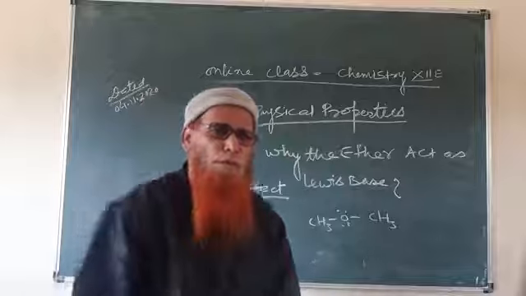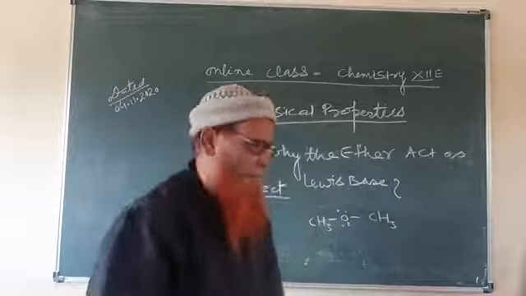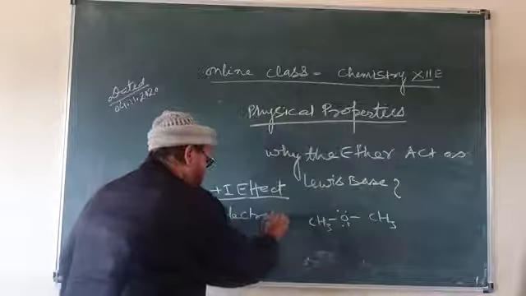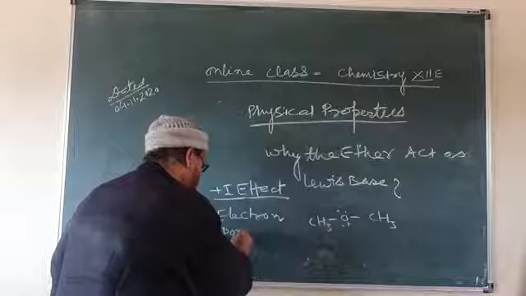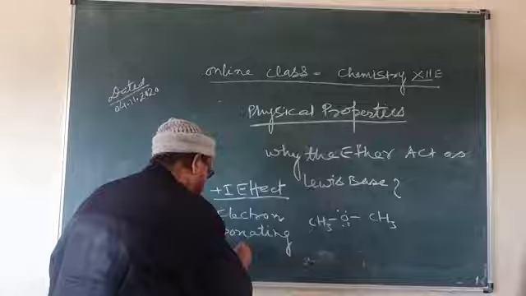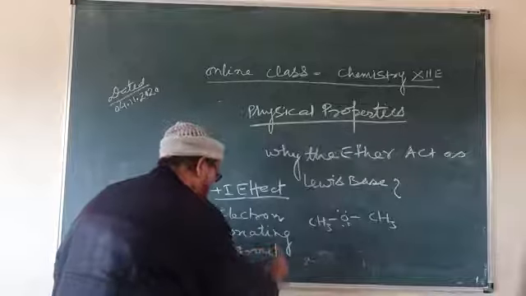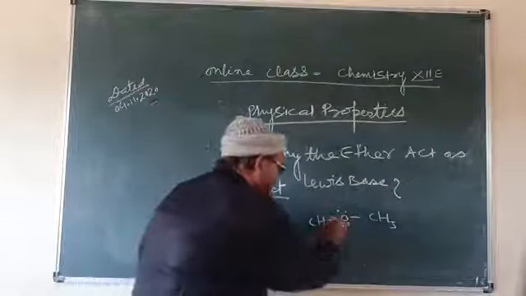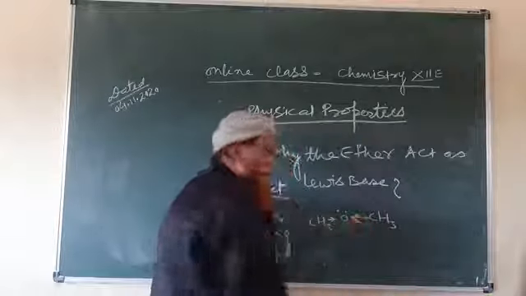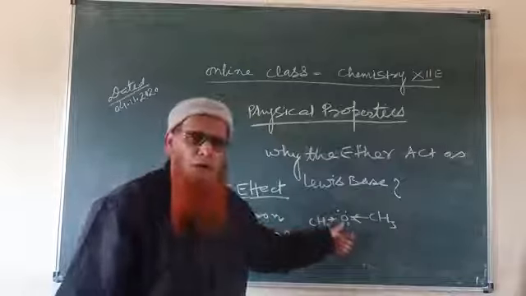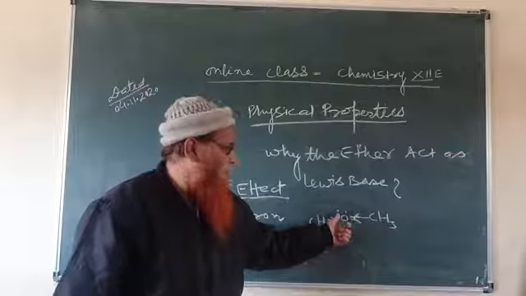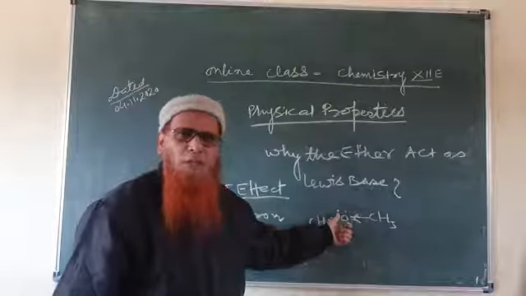Plus I effect groups means electron donating groups. Here, both methyl groups are plus I effect groups. They donate electrons. So on the oxygen atom the electron density increases. So they act as the Lewis base.